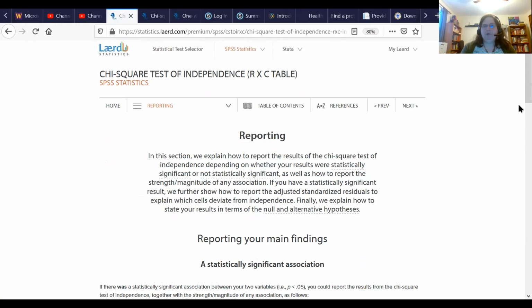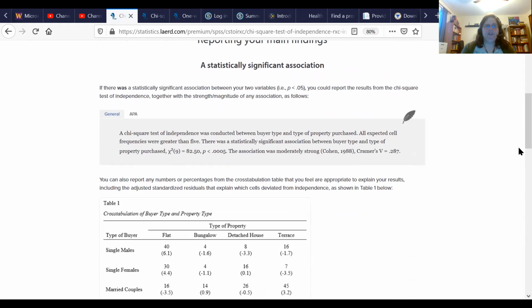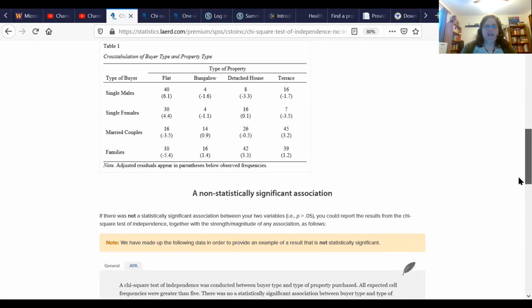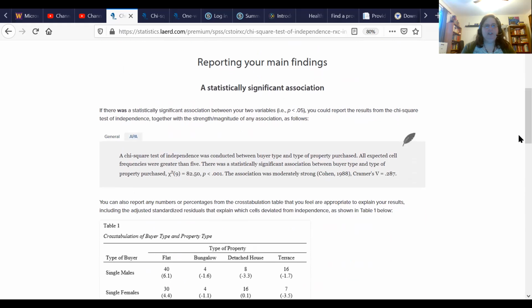And then we get to reporting. So let's switch over to APA. And here is for a significant one. A chi-square test of independence was conducted between buyer type and type of property purchased. All expected cell frequencies were greater than 5.